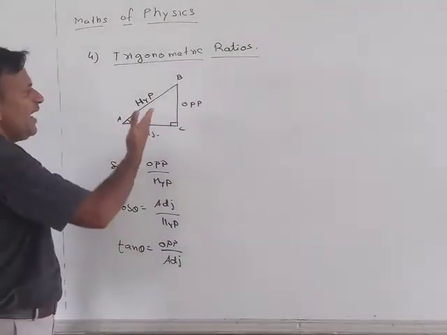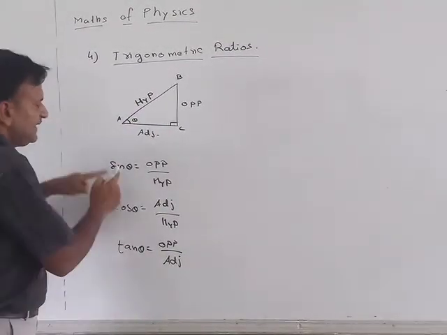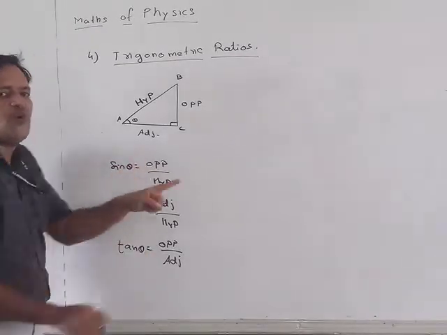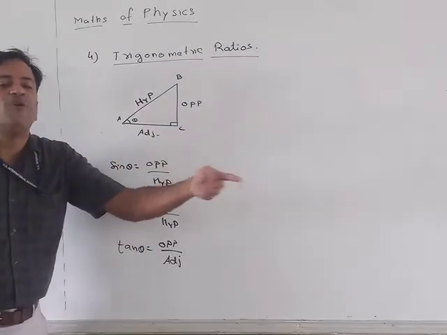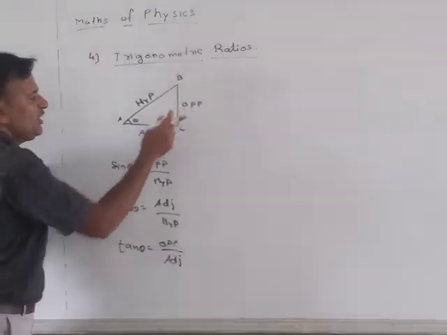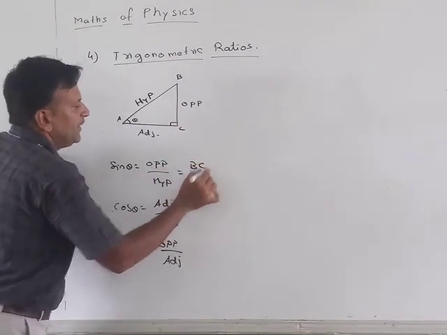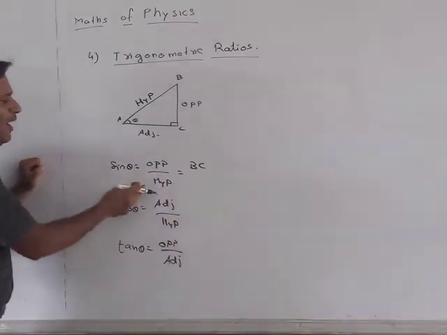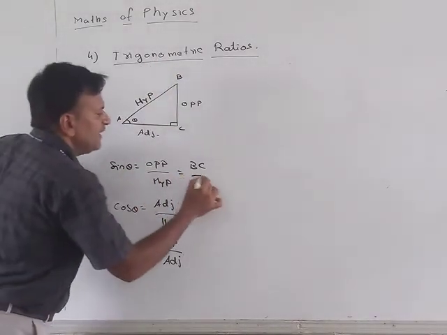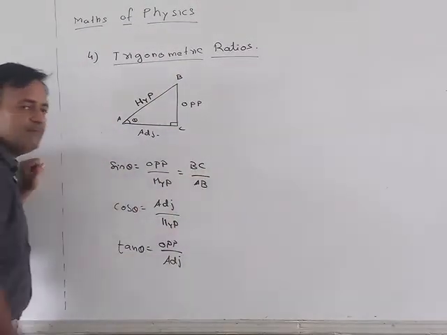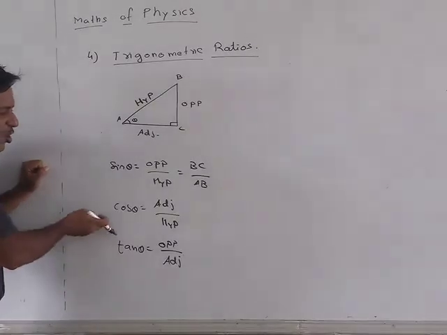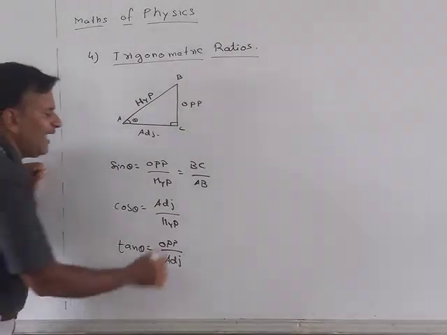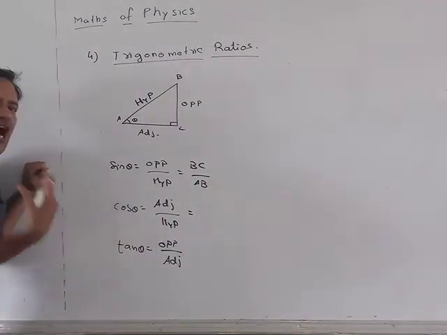Now from this triangle, sin theta is equals to opposite. Opposite of what? Opposite of angle. So what is the opposite of angle? BC over hypotenuse. Hypotenuse is AB. Cos theta. Adjacent side over hypotenuse. Adjacent to what?